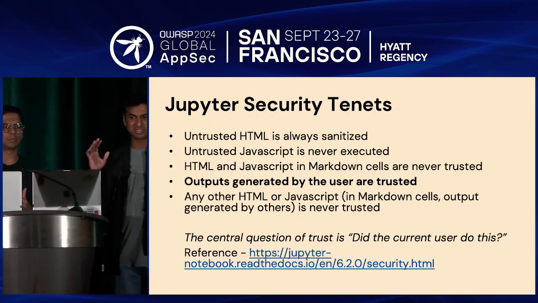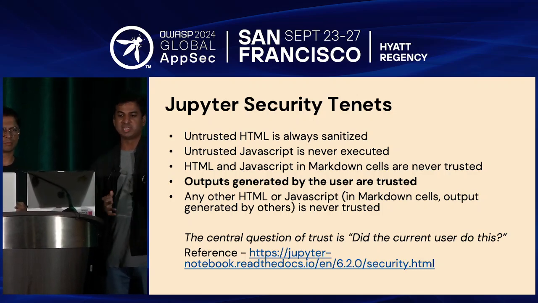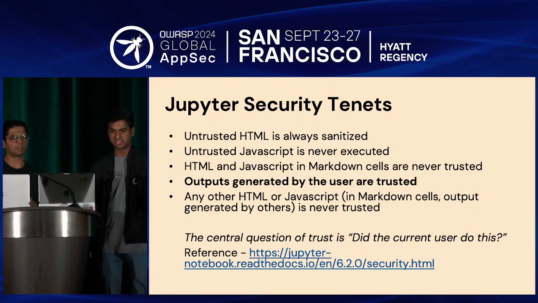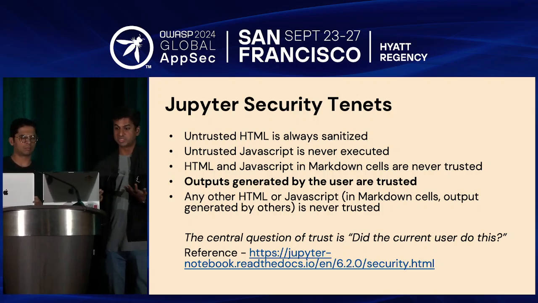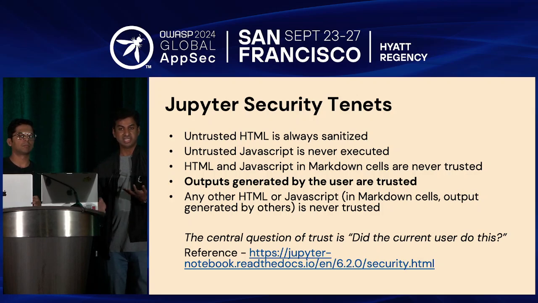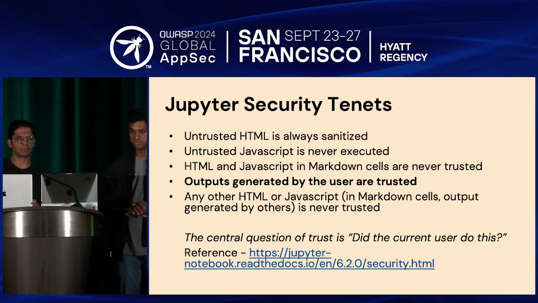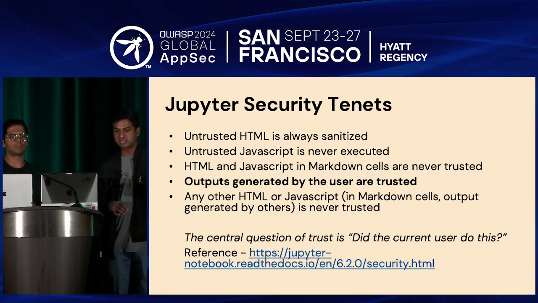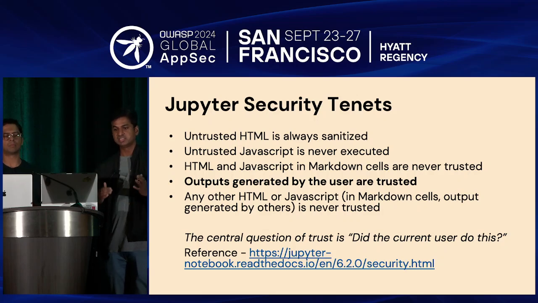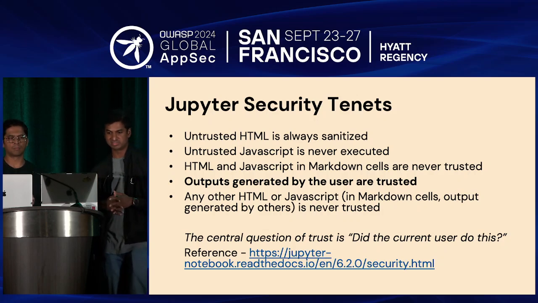And that was the tenet that they were going by. So essentially, any untrusted HTML or JavaScript is not executed. Any JavaScript or HTML in a markdown is not executed. And any command is not executed until the user clicks on the play button that's shown on the UI. However, one thing to note here is output generated from an execution is considered trusted because the user initiated the initial execution.